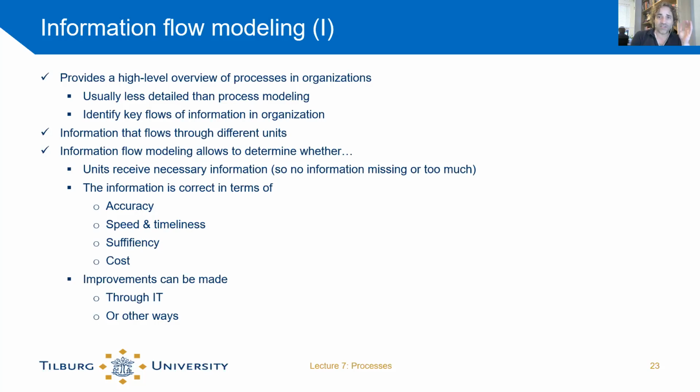And how much does it actually cost in terms of time and money in order to get that information there? And if we have that, then we can see, can we optimize it? Can we use some information technology or other means in order of optimizing the information flow? So for example, maybe instead of Zoom, we can have an offline lecture, or maybe instead of me, you can have a better teacher. So we can see if we can optimize that information flow.